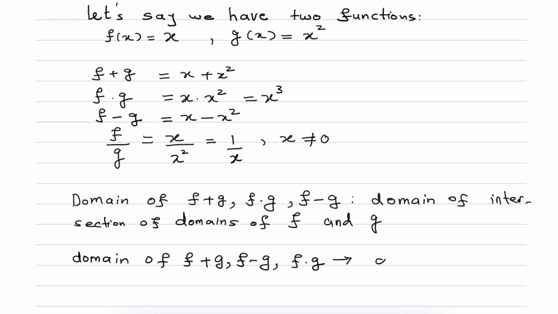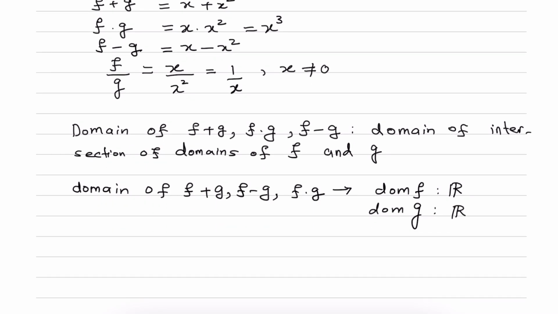So first of all, what is the domain of f? f is x, so the domain of f of x equal to x is all real numbers. We are going to also look at the domain of g, which is again all real numbers because the function is simple, x square.